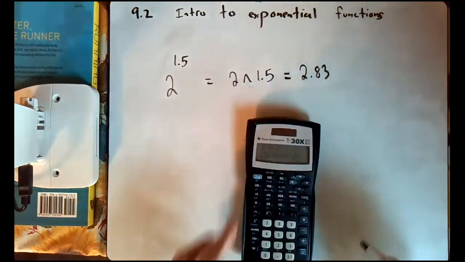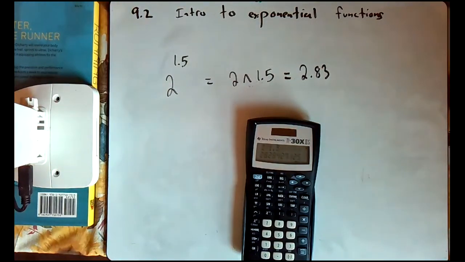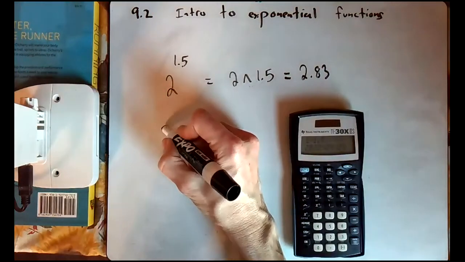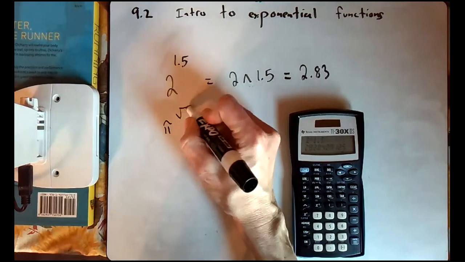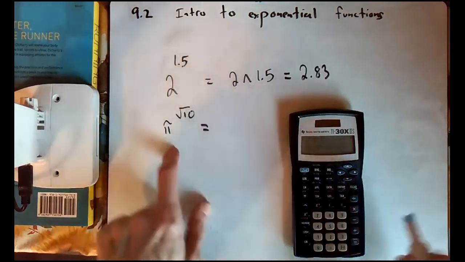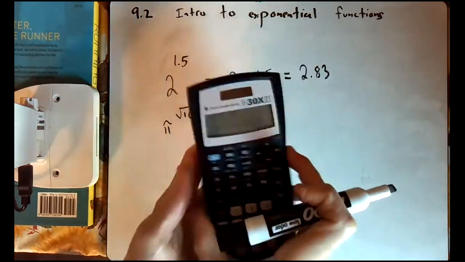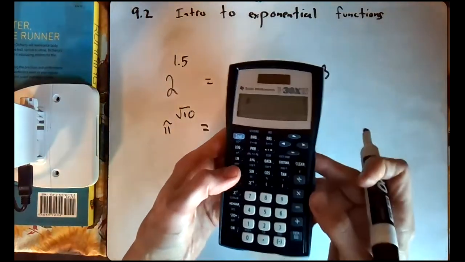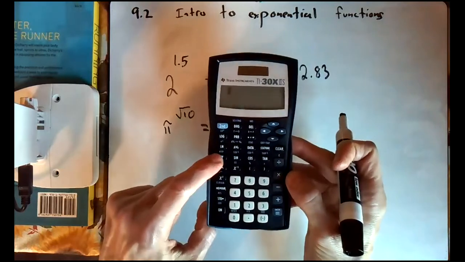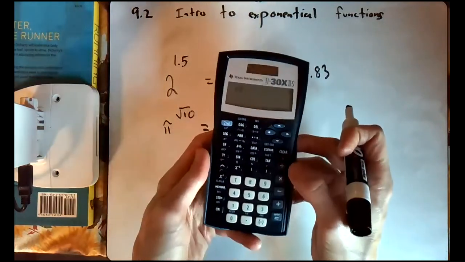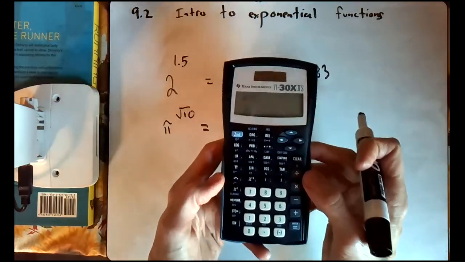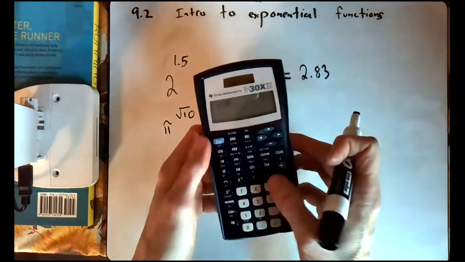If we try another one, like pi raised to the square root of 10, there's no way we could do that by hand accurately. For the calculator, we would press pi, then the caret key just below it, and then square root.